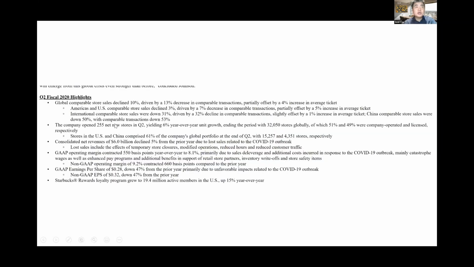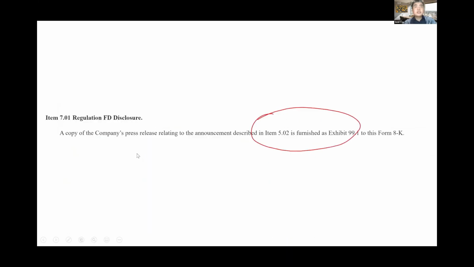This is what you see: the earnings, the sales, GAAP and non-GAAP, people, a lot of stuff here. This is more timely than the quarterly and annual report. Okay, let's keep going. So what are items 7.01 and 8.01?